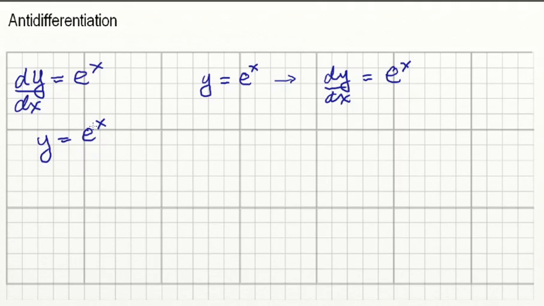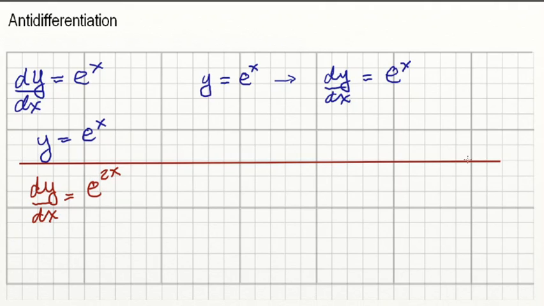What if we had something multiplying here, x? So let's say dy dx is e to the power 2x. That's another example here. It's not the same one. So what would happen if my function was e to the power 2x? If I take the derivative, because here we'll have to use the chain rule.